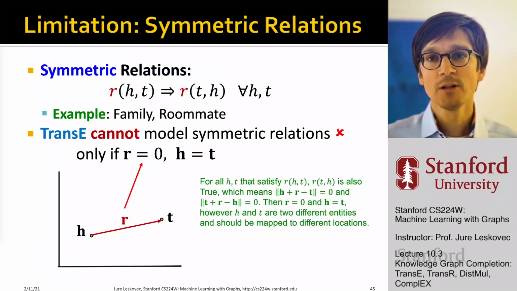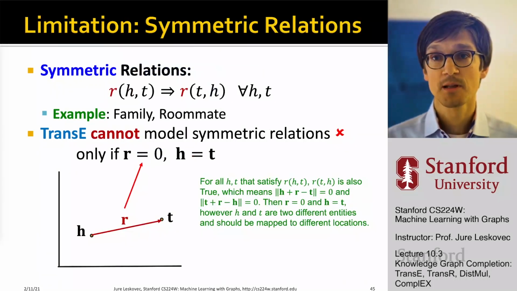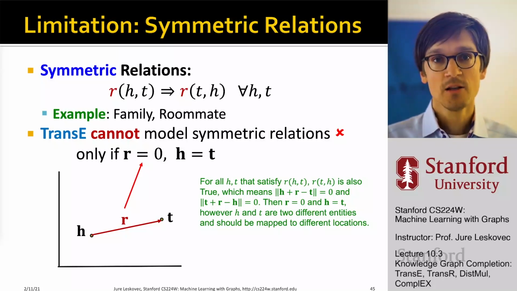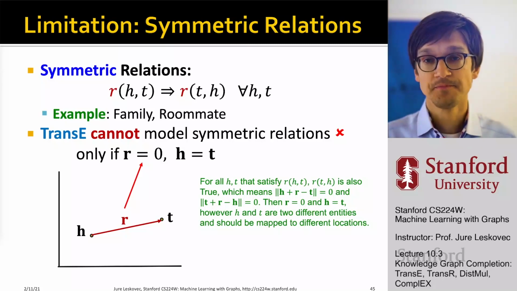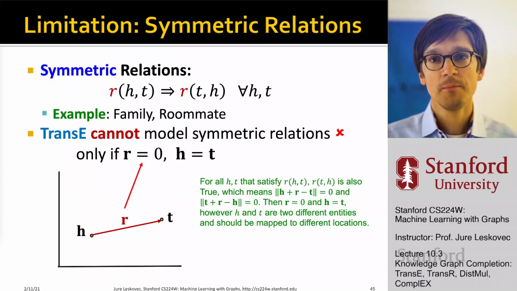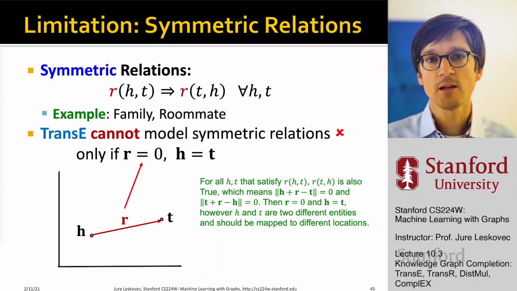So how about some relationship types that TransE cannot capture? Interestingly, TransE cannot capture symmetric relationships, right? Relationships like family or roommate that are reciprocated. Basically, if H is related with R to T, then T should be related to H with R as well.